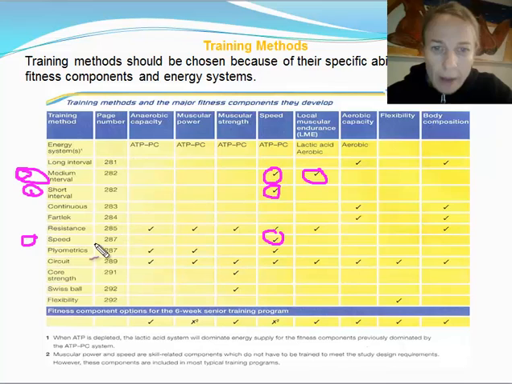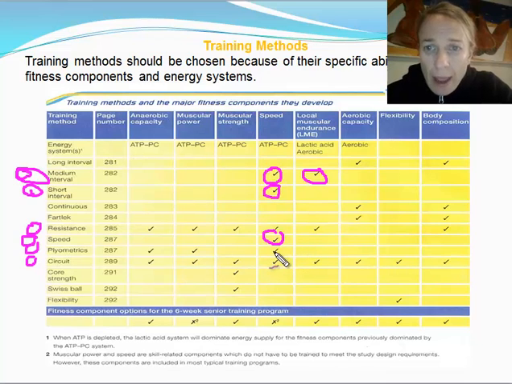So also, as you can see, other training methods such as plyometrics, resistance training, and even circuit training also help develop our anaerobic capacity, whether it's ATP-CP or our anaerobic glycolysis. Okay.